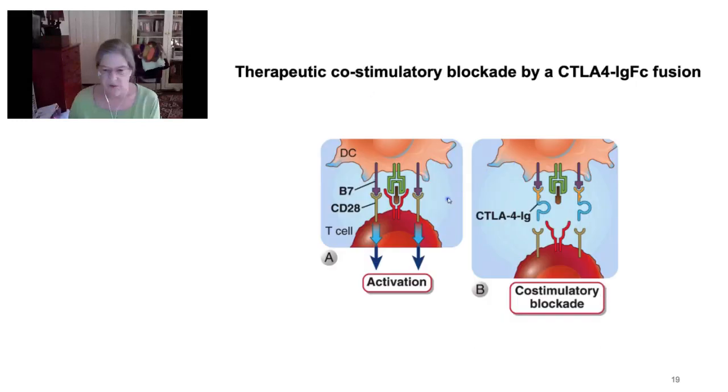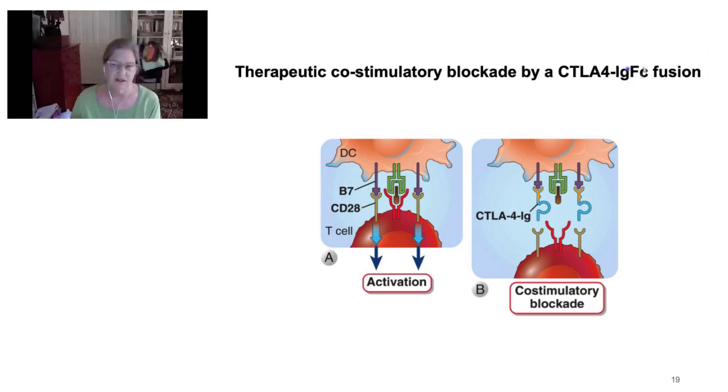Okay, and this is a little therapeutic thing I thought I would throw in here. If you have uncontrolled inflammatory responses of certain kinds, you can actually make a CTLA-4 fusion. Those outer domains of CTLA-4 are fused to Fc, which keeps it in circulation, makes it last longer.